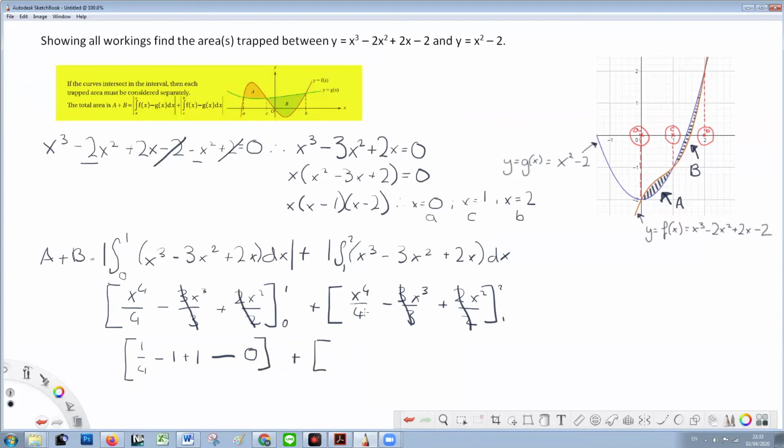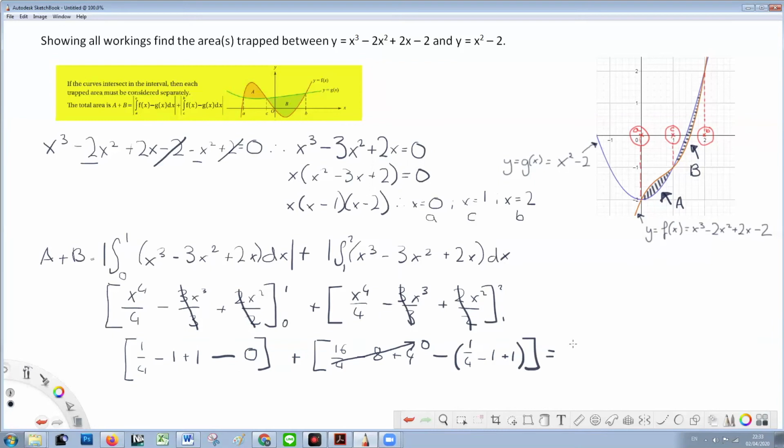Plus it's going to be 16 over 4 minus 2 cubed, 8, plus 2 squared is going to be 4, so that's 4 minus this, that's all going to go to 0, and then minus basically the same thing, a quarter minus 1 plus 1.